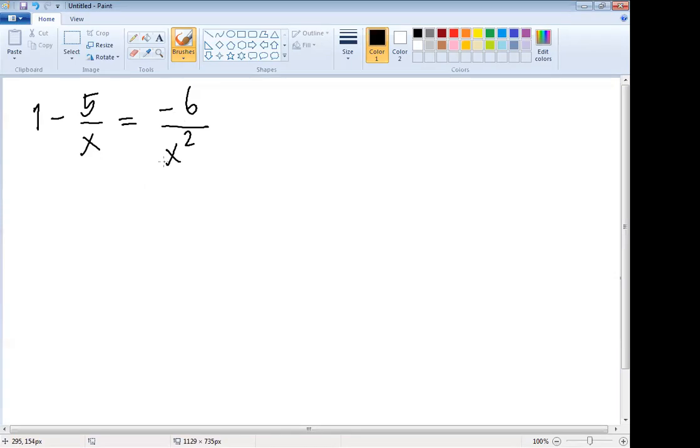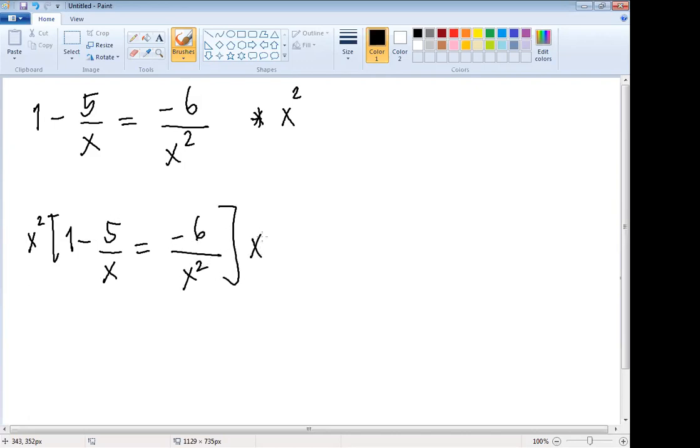So the highest exponent that we have here is x squared. So we have to multiply both sides by x squared.